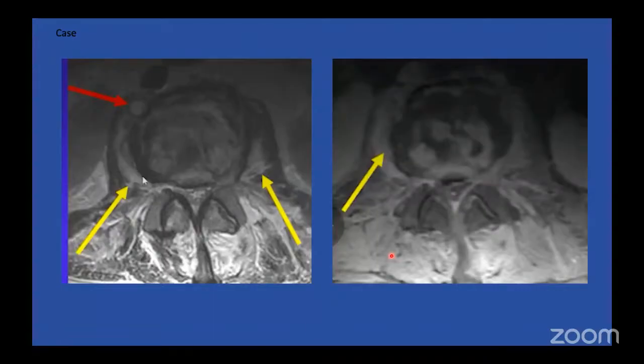Areas of high signal intensity within, high signal intensity.